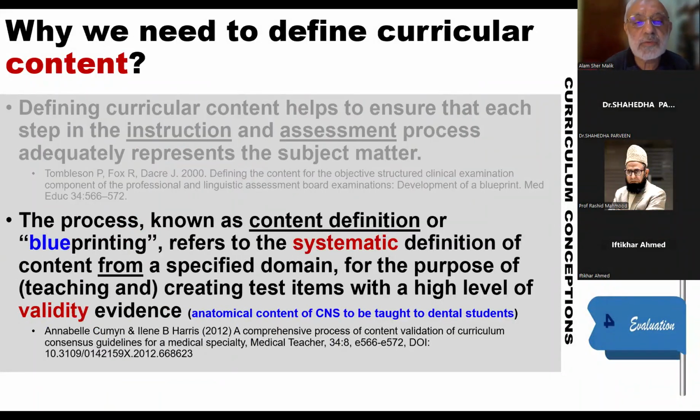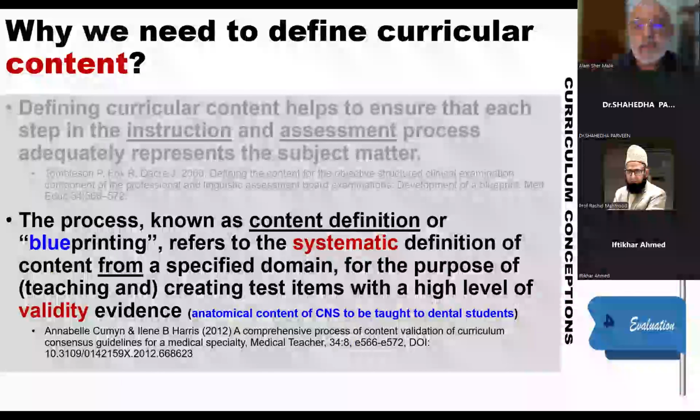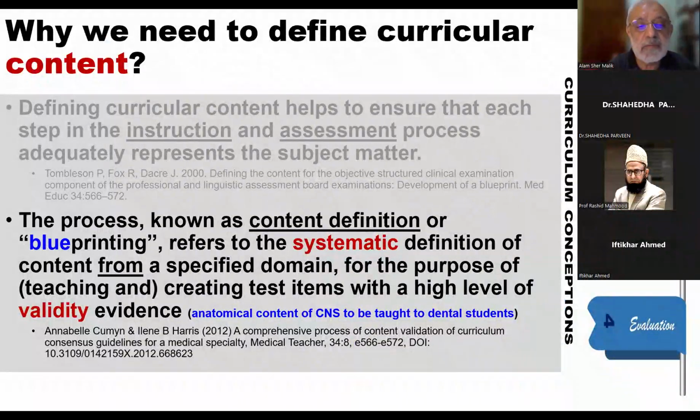The process known as content definition or blueprinting refers to the systematic identification of content from a specified domain. The purpose is for teaching and creating test items with a high level of validity evidence.